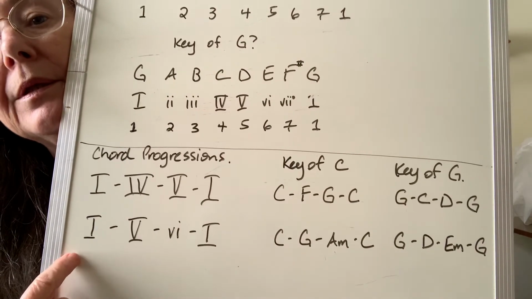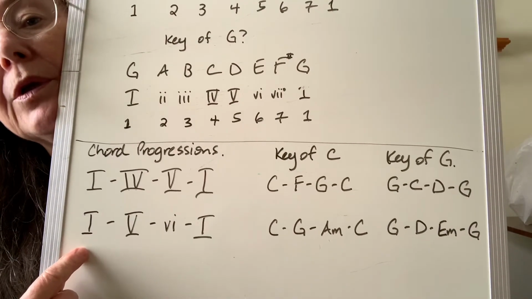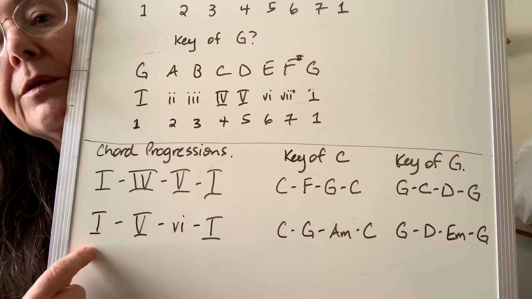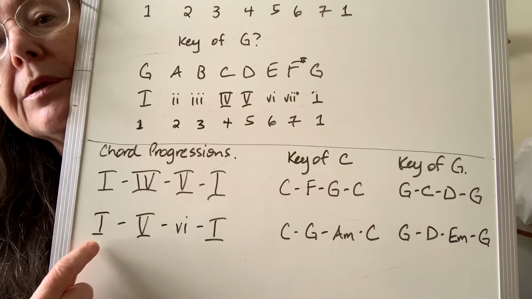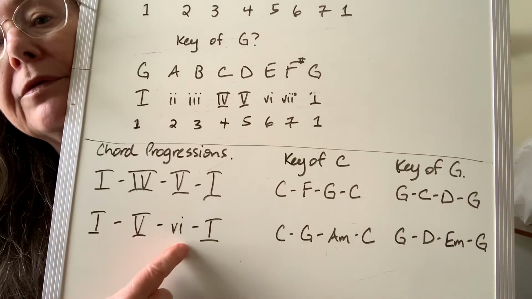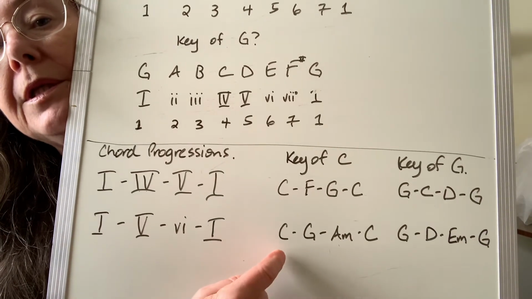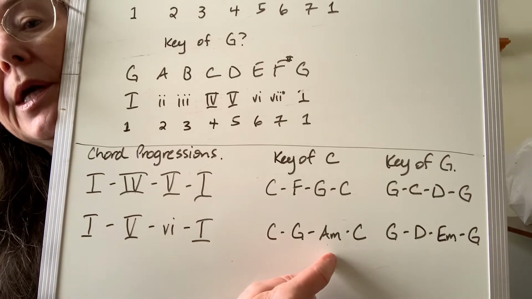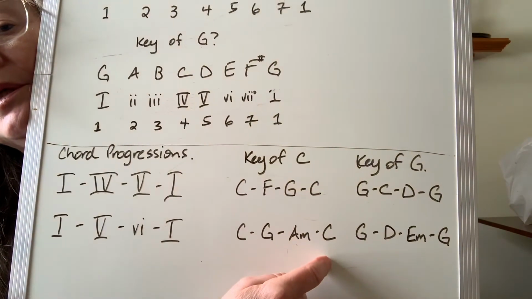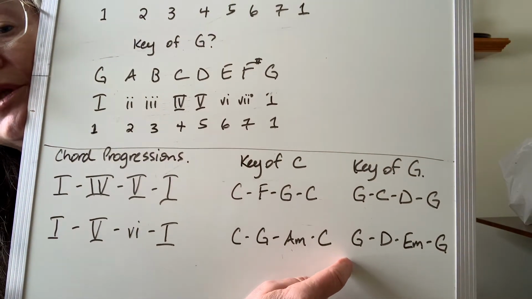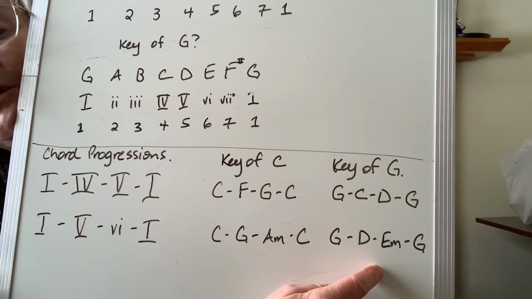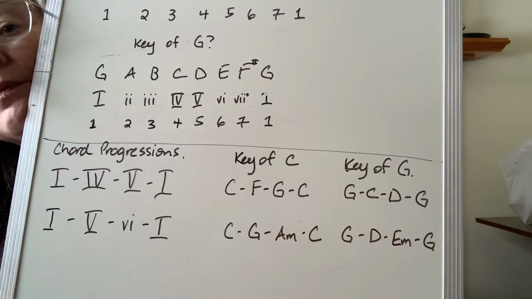And then this is the progression that we're going to work on for this week. I'm going to do that in a video that follows this one. So 1, 5, 6, 1. In C, C, G, A minor, C. In G, G, D, E minor, G.